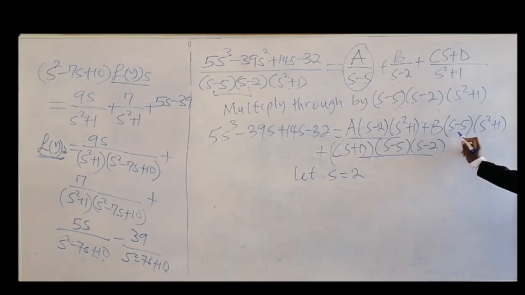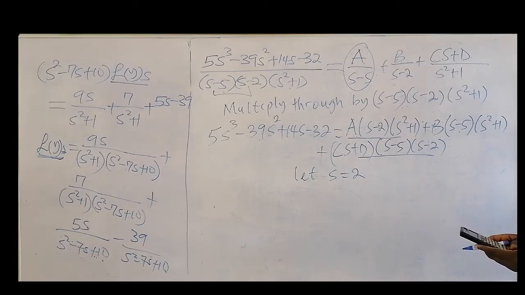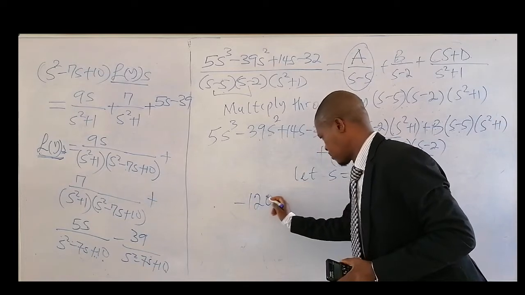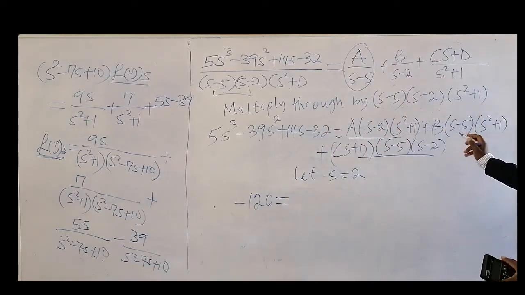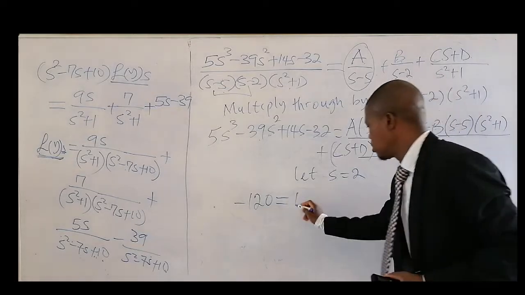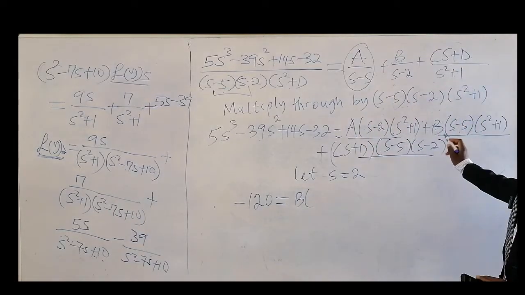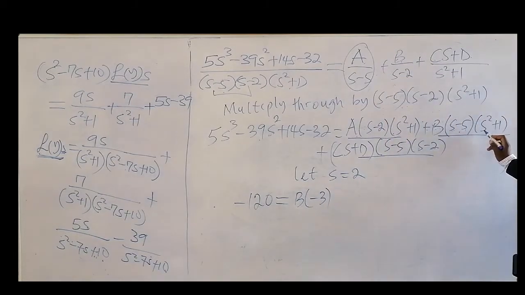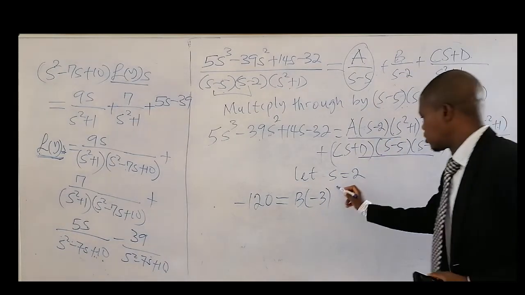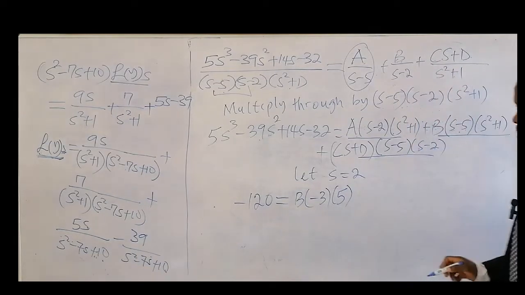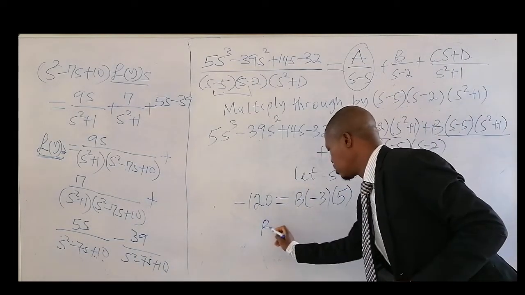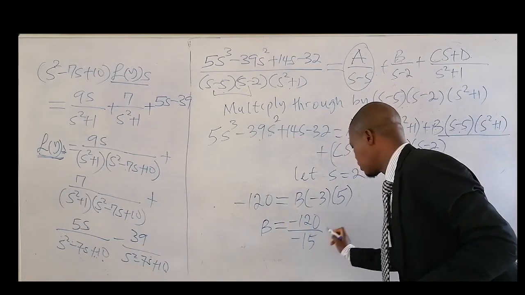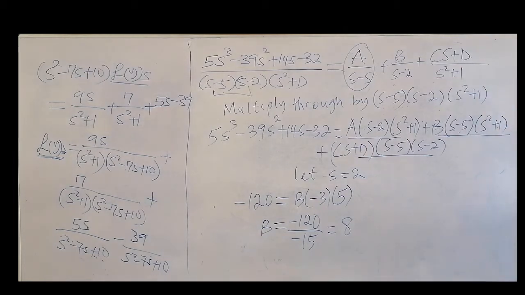So this we cancel, then we can get our B. Okay, so the left side is minus 120 equal to, let's substitute here, B times 2 minus 5, that's minus 3, and then 2 squared plus 1, that is what? That is 5. Okay, so we're having now B is equal to minus 120 over minus 15. I think that will be 8. Let's check that. That will be 8.